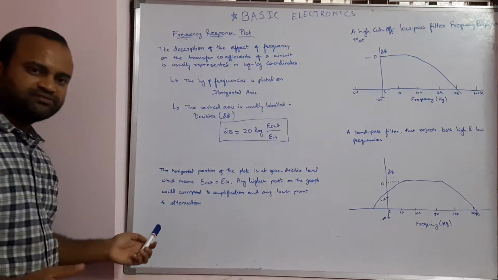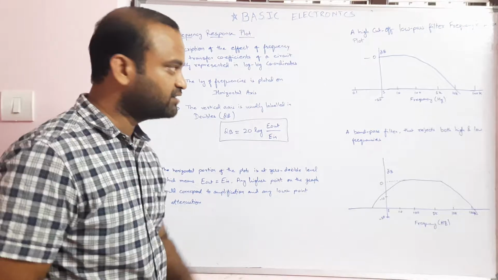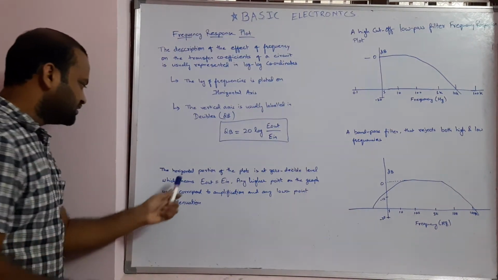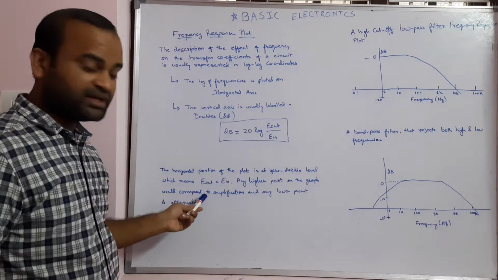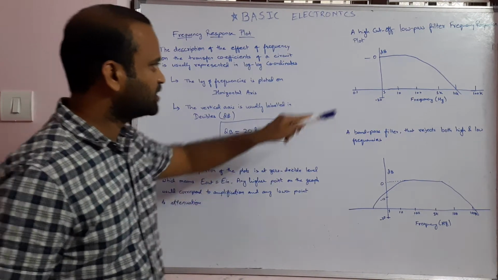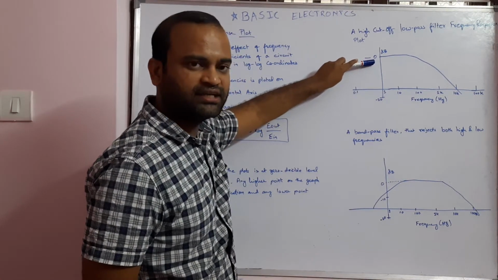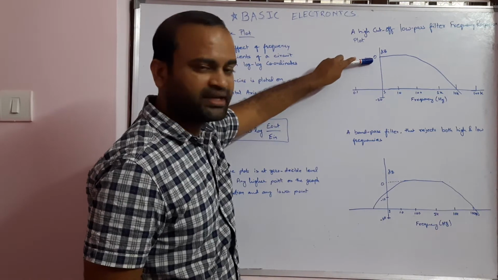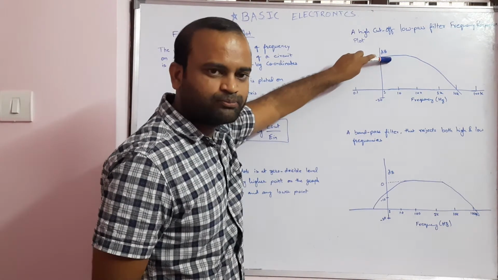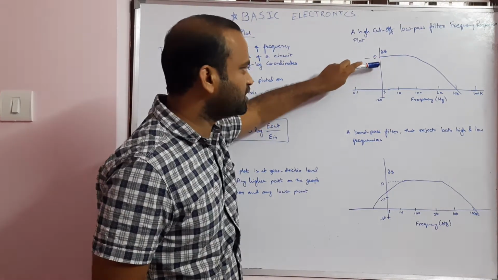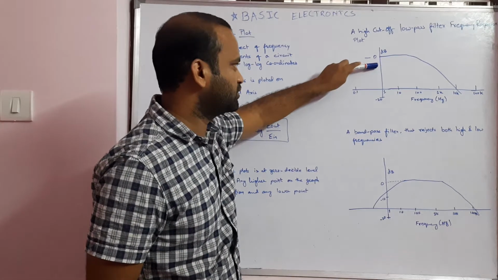So, we can reiterate the conclusion from the graph: the horizontal portion of the plots is at the 0 decibel level, which means E out is equal to E in. When any point is occurring at this level, the system behaves as an input follower. That is, output is the same as input.